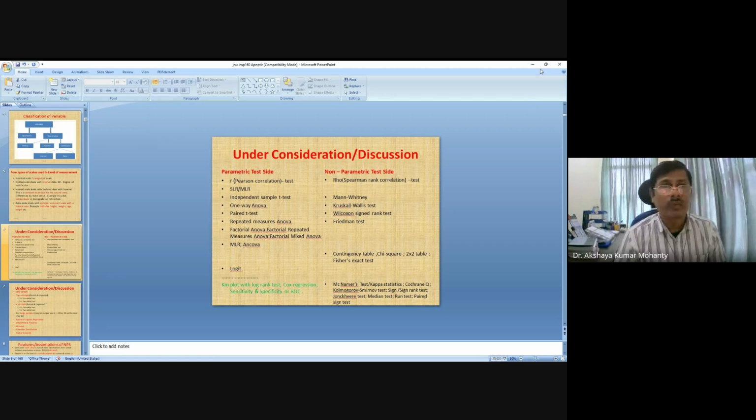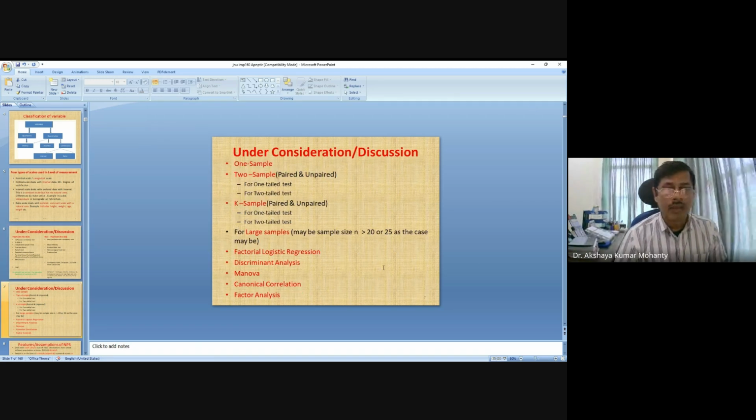Then we have to see this one also. Under the consideration, we have to see one sample tests, two sample tests, and under two samples, paired and unpaired. For each of the two samples, what will be done for a one tail test and for a two tail test, both paired and unpaired.